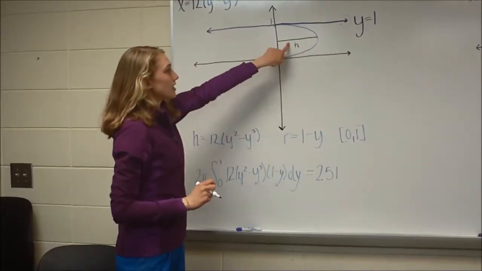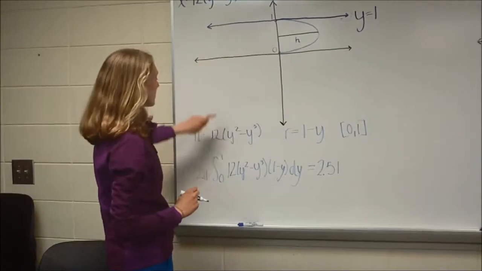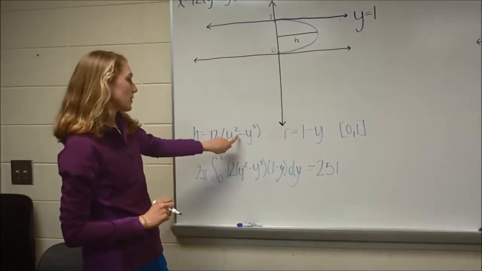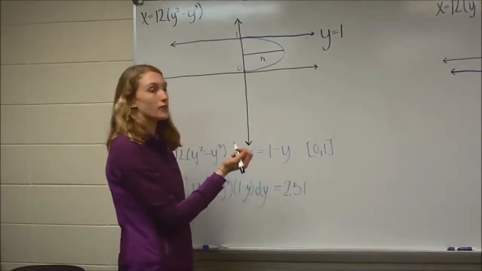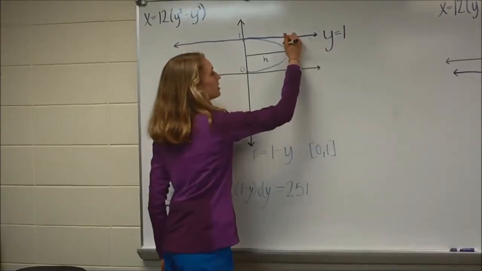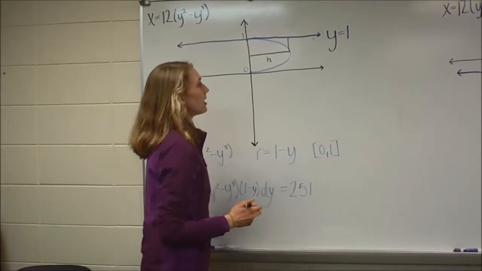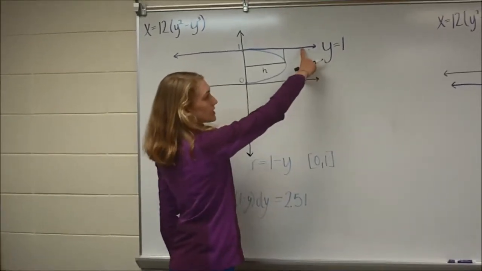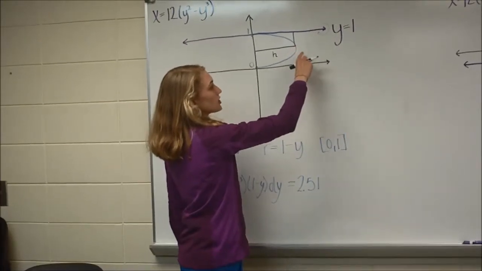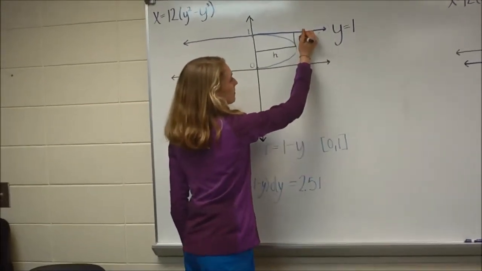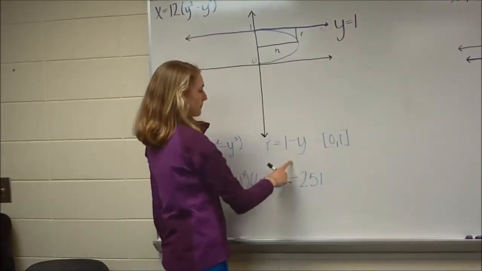And that height is just x, which in this case is 12 y squared minus y cubed. The next thing you're going to do is draw your radius, which goes from your height to your axis of rotation. In this case, this whole distance here is 1, and this distance right here is just y. So your radius is going to be 1 minus y.